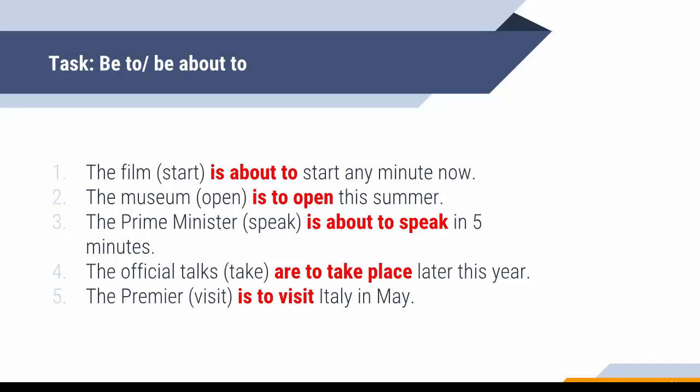The Prime Minister is about to speak in 5 minutes. In the near future. Is about to. The official talks are to take place later this year. Officially arranged event. The President is to visit Italy in May. Is to visit. Okay. Is to, is about to.